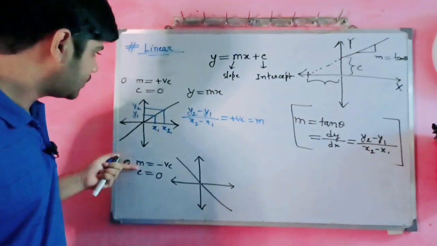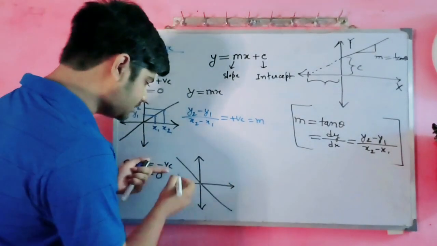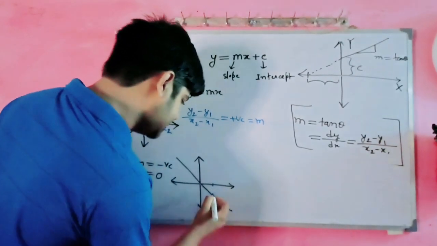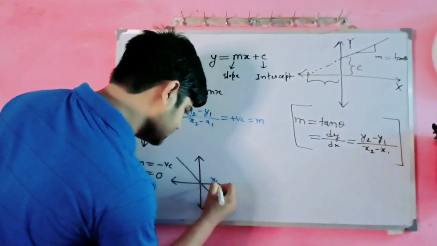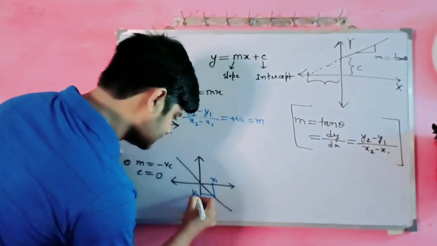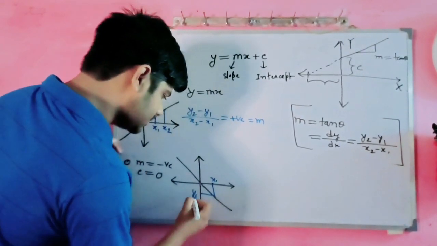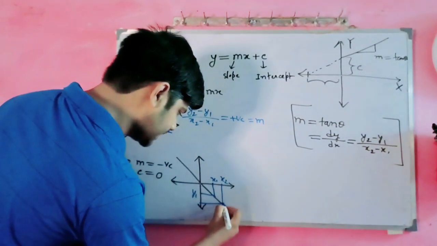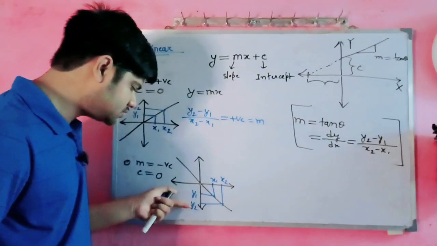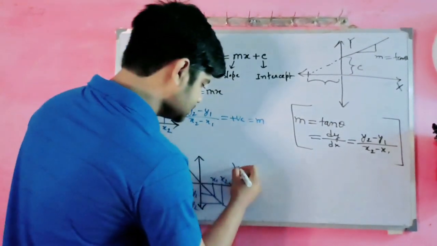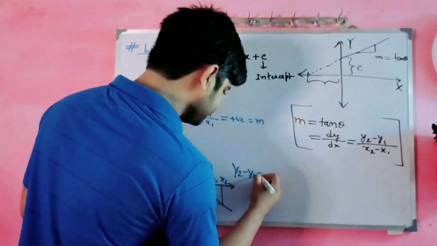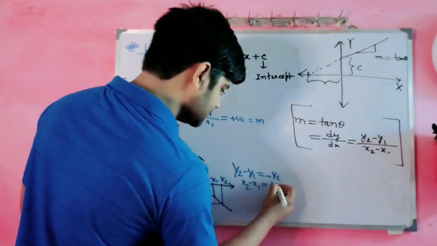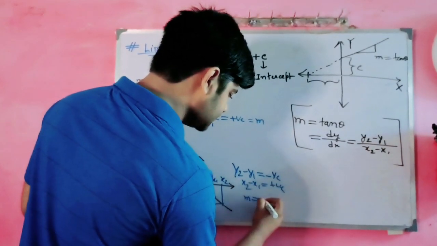Similarly, when the slope is negative, how does this designate this type of graph? For any x value, say for x1 we have y1, for a higher x value, say x2, we have this value y2, but here y2 is much more negative than y1, so here y2 minus y1 is negative, but x2 minus x1 is positive, so overall the slope will be negative.